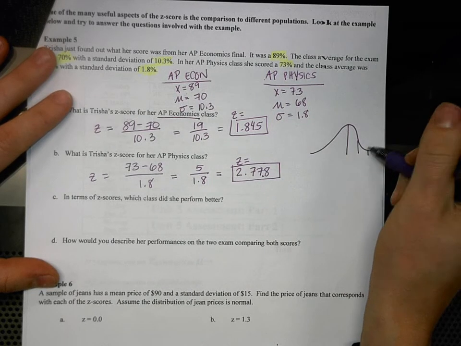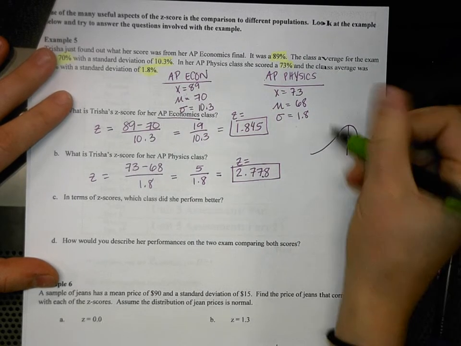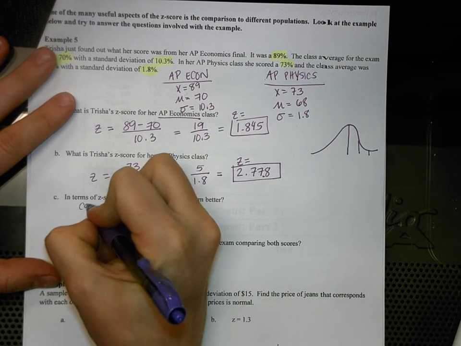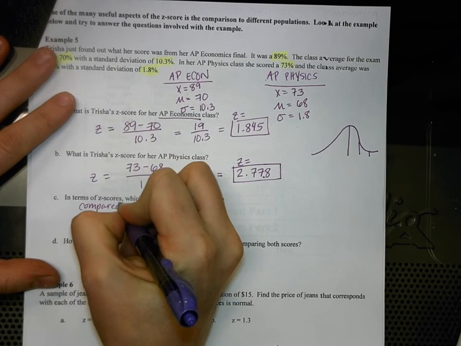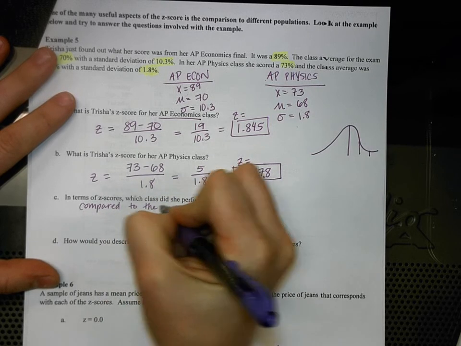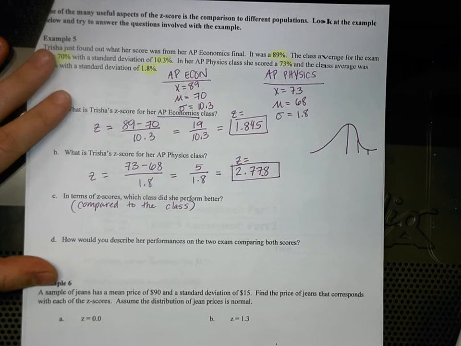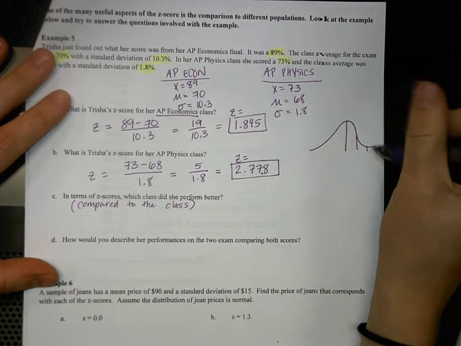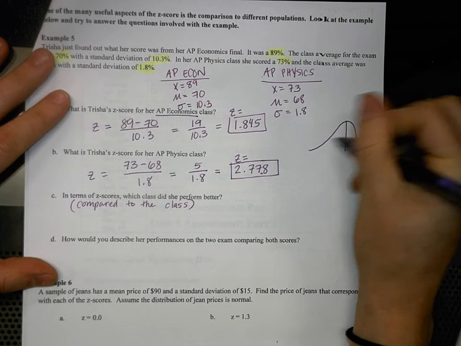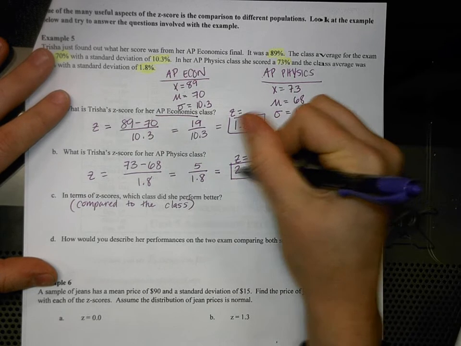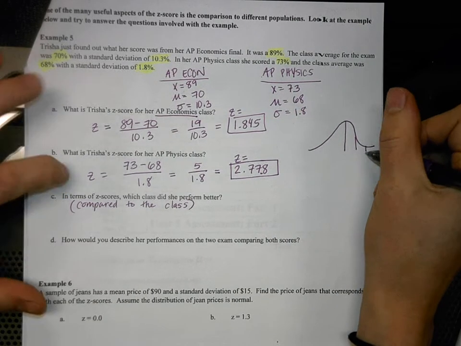So it's her compared to the class, which is what a z-score is talking about. She scored higher than most of her class on both exams, but the z-score is higher in Physics than in Econ.